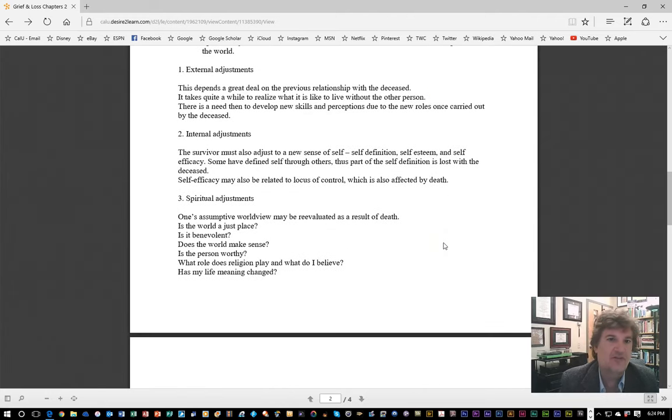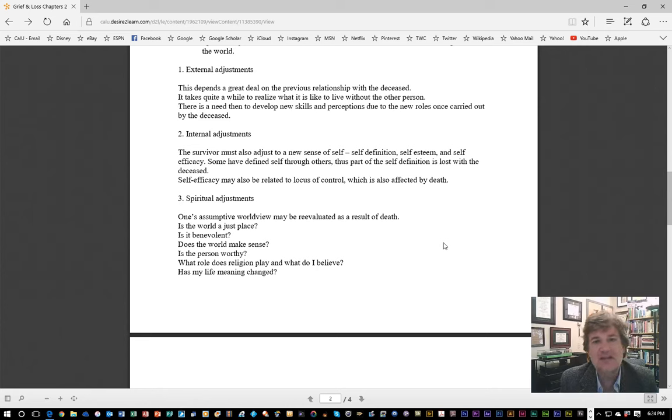External adjustments depend a great deal on the previous relationship with the deceased. It takes quite a while to realize what it's like to live without this other person. This could even include finances, a daily routine, who made the coffee in the morning, things like that. It takes quite a while to realize what it's like to live without that other person physically.